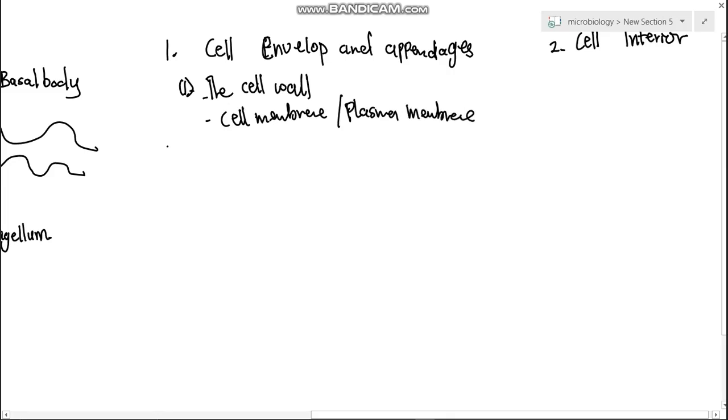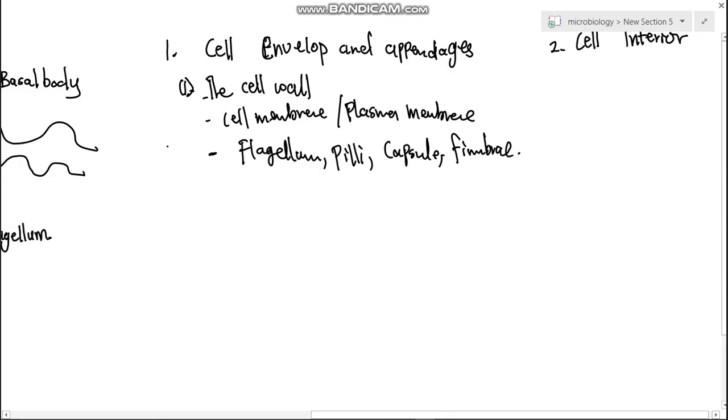Then under the cell appendages, we have the flagellum, the pili, the capsule, and the fimbriae. So that will be it. So now let's start.